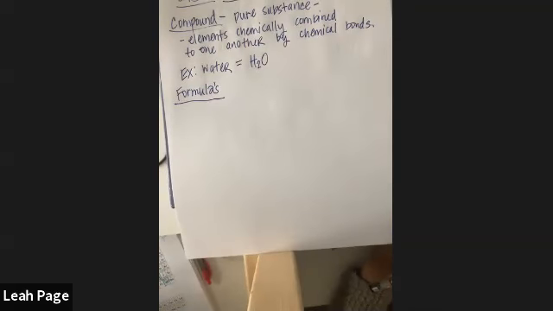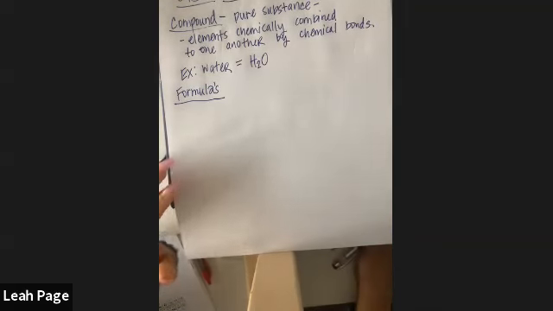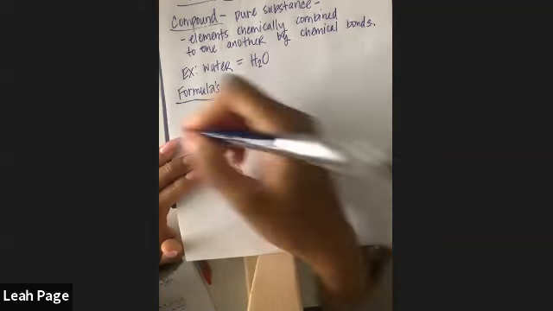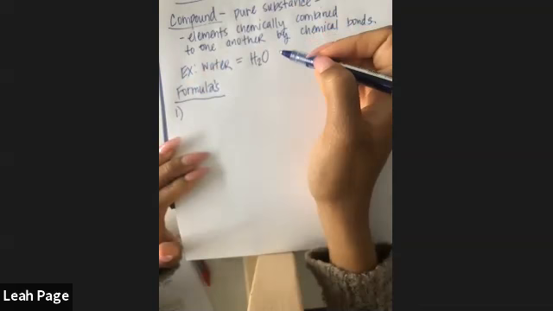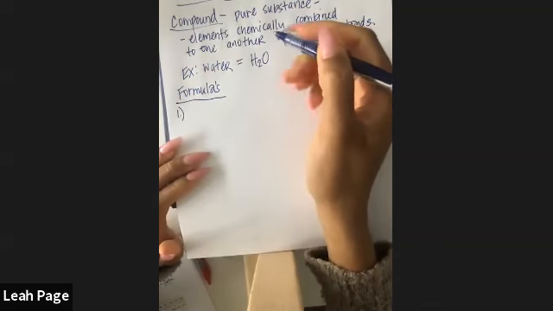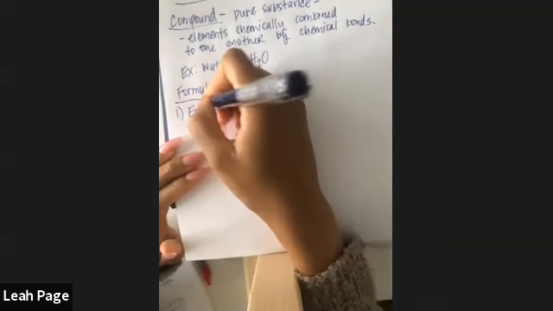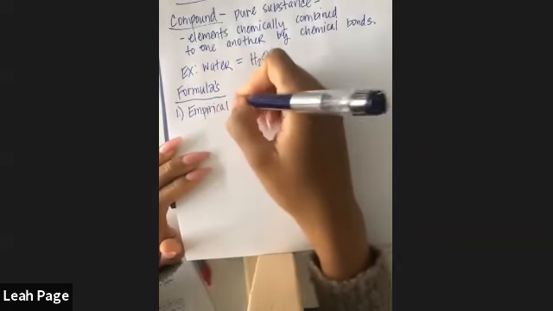And I want to go over a couple of different types of formulas. So we have what is known as an empirical formula. The empirical formula is an important one.